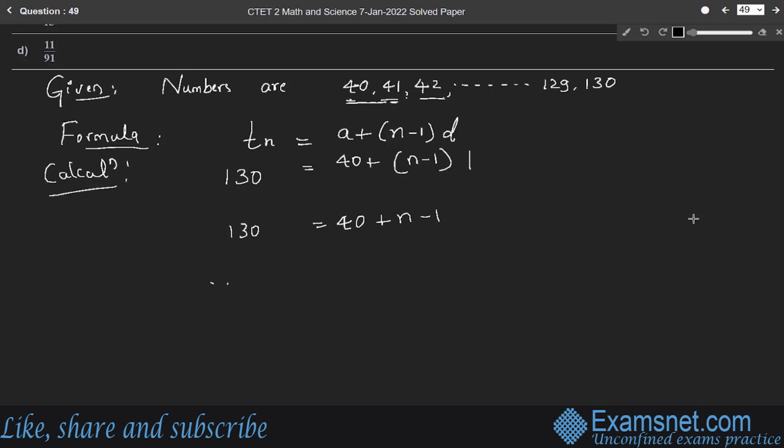Therefore, n is equal to 130 minus 40 plus 1, which is 91. Therefore, in the given series 40 to 130, there are 91 terms, and the common difference is 1.